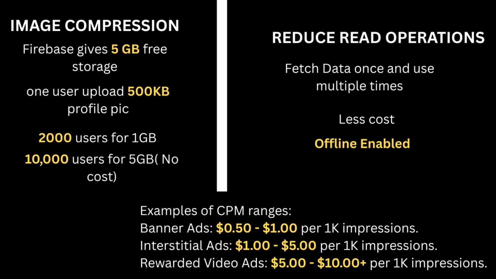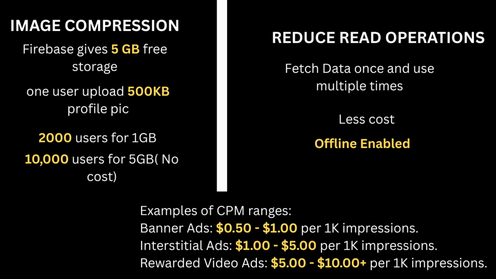So if you follow this tutorial's logic and learn about image compression and reducing read operations, you can have around 9 to 10,000 users using Firebase, pay zero extra amount for database cost, and make a minimum of $40 to $50 easily using AdMob, showing ads.